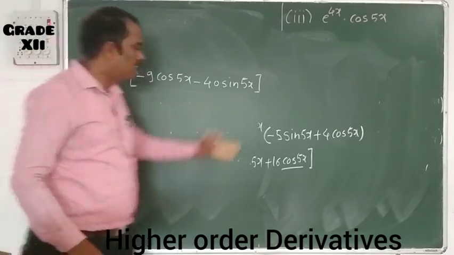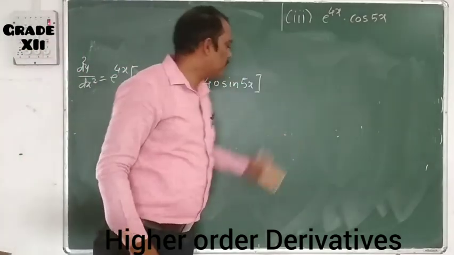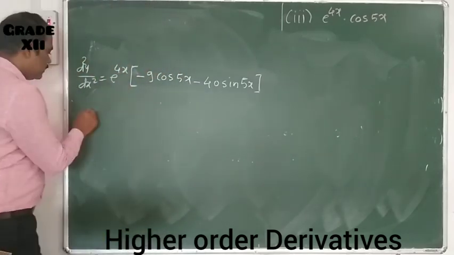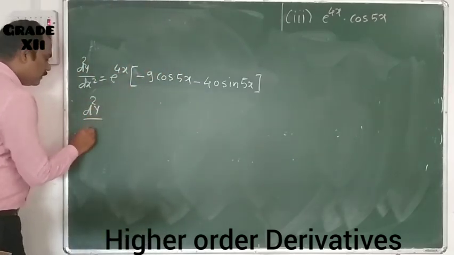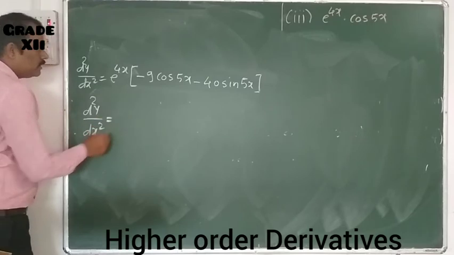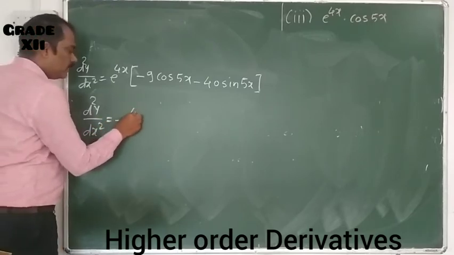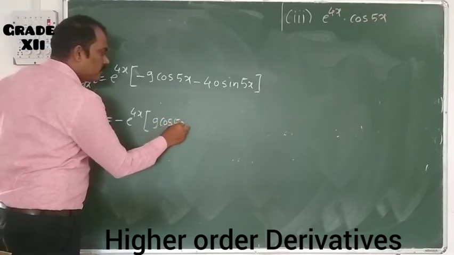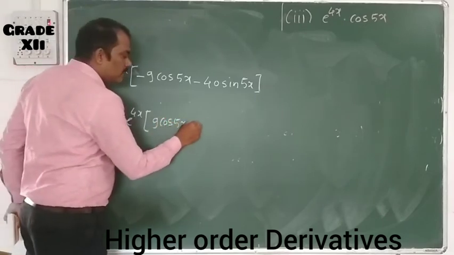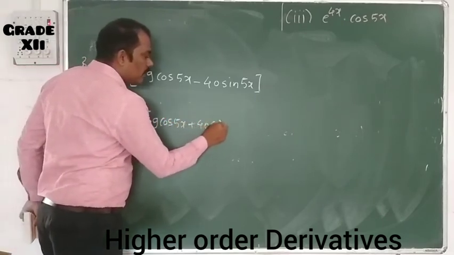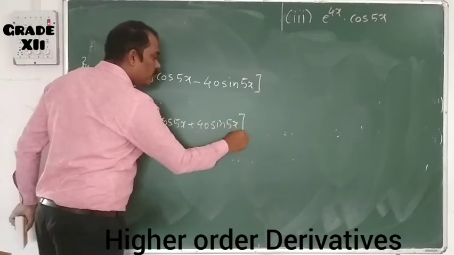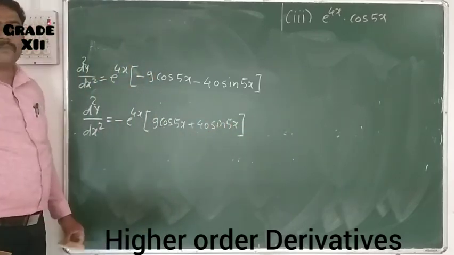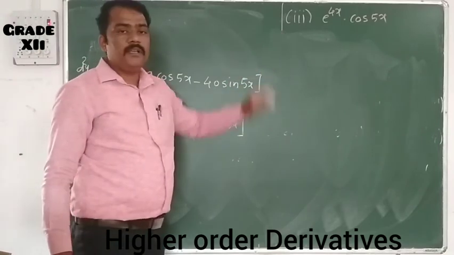We have to take the minus common, that is d2y by dx square is equal to minus e raised to 4x into bracket 9 times cos of 5x plus 40 times sin of 5x, which is the required answer of this example number 3.